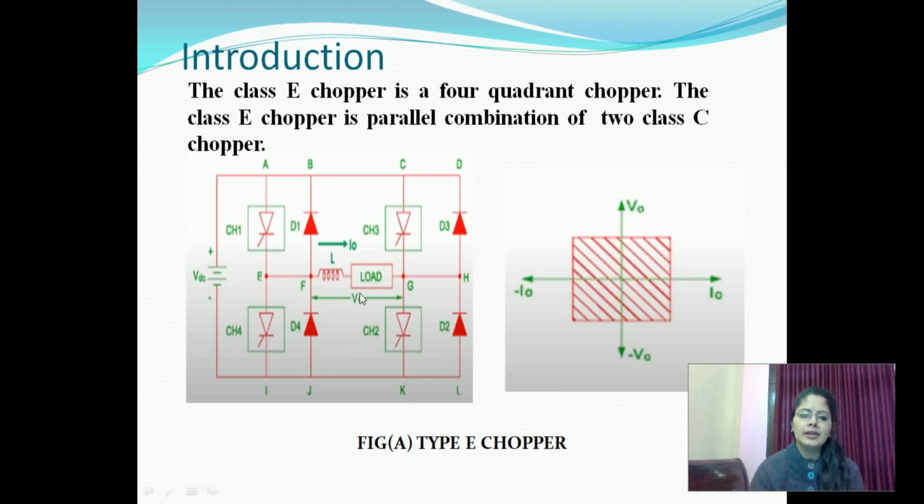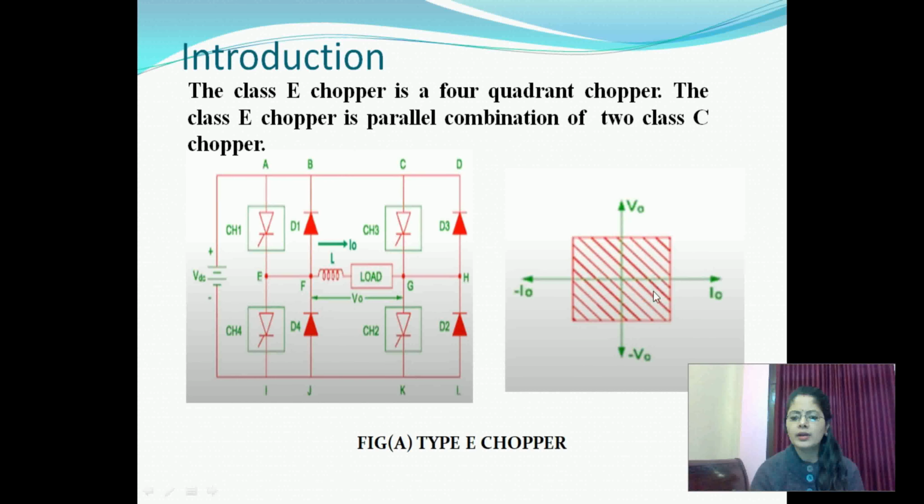This is the inductor, that is the load, and V0 denotes the output voltage across the load. Here we assume I output as a reference current. This is the direction of the reference current. In the first mode of operation of a Class E chopper, we get output current positive and output voltage positive.